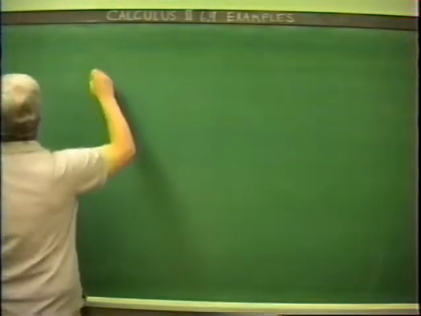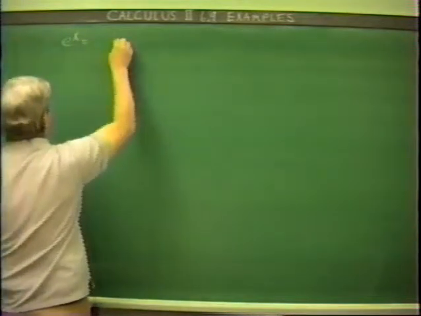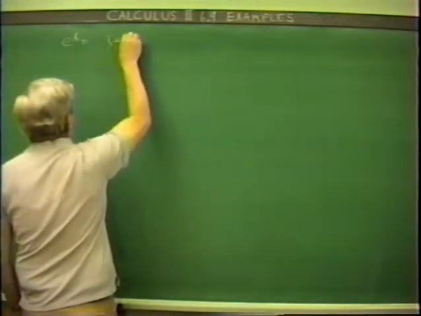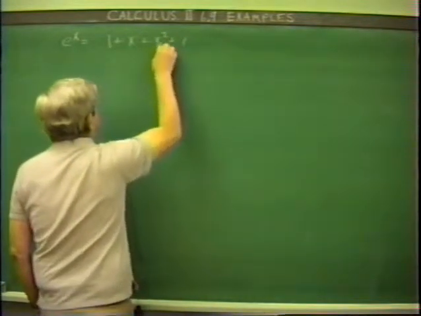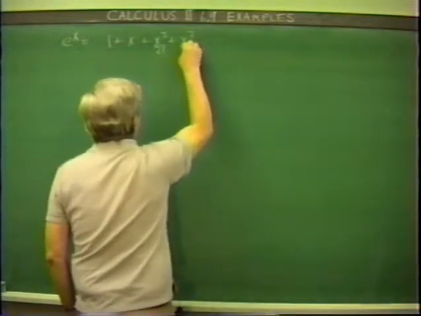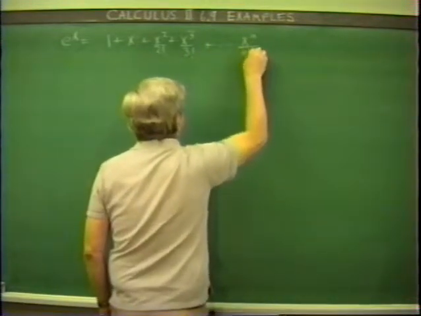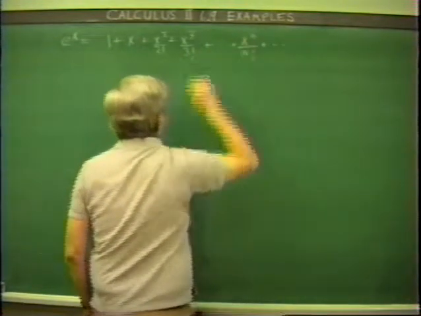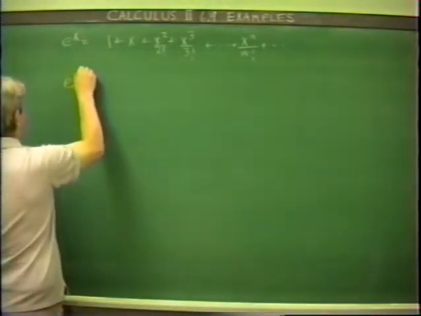There's one further thing that you can do here, and that's you can perform compositions, or you can make substitutions into a power series. And it's clear that if the original one converged, then the new one will converge also on the appropriate interval. So that, for example, we know that e to the x is equal to 1 plus x plus x squared over 2 factorial plus x cubed over 3 factorial plus and so forth, x to the n over n factorial.